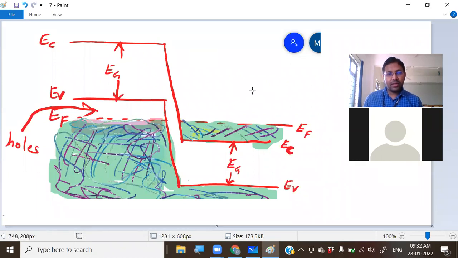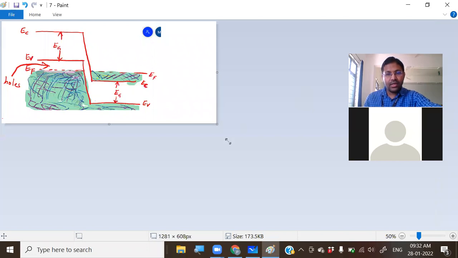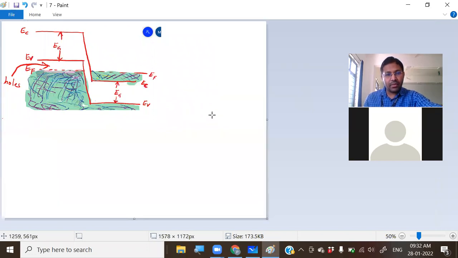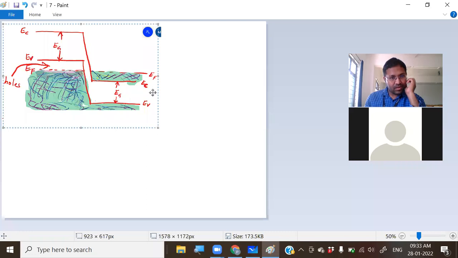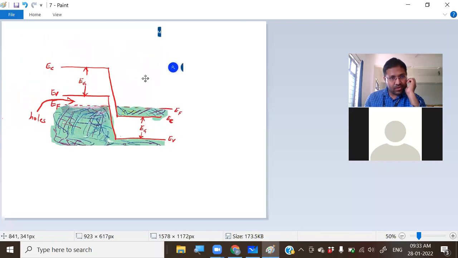Now let us see what happens inside the tunnel diode when we apply bias. Remember, what we are now seeing is the no bias condition. So I will pull this out somewhat lower.